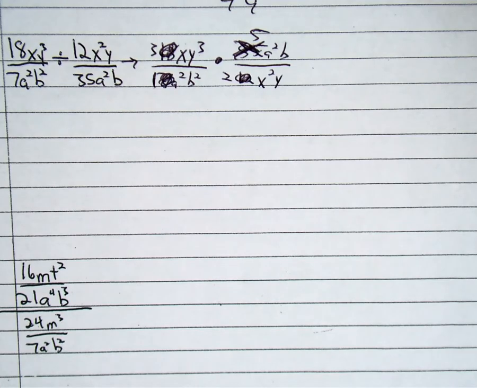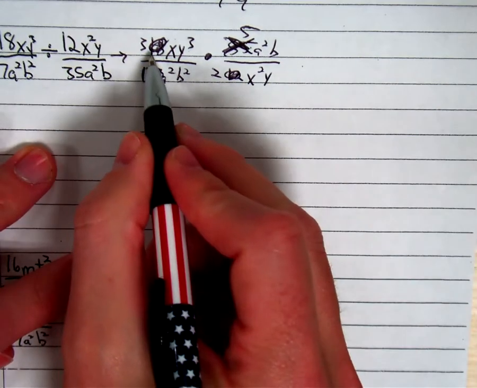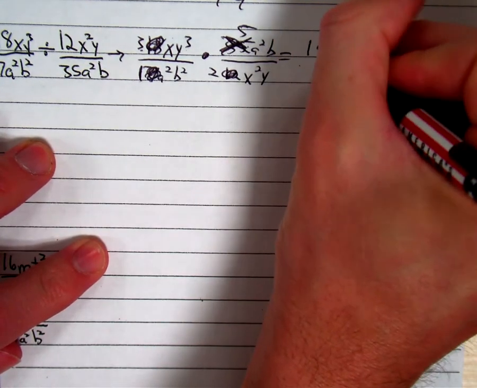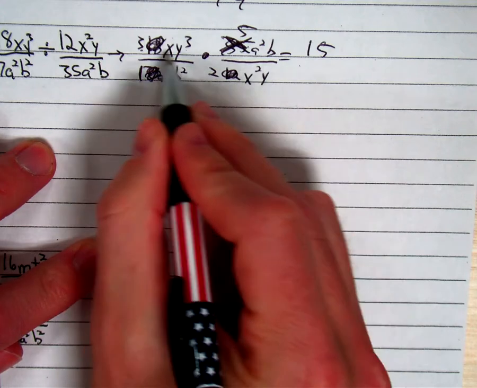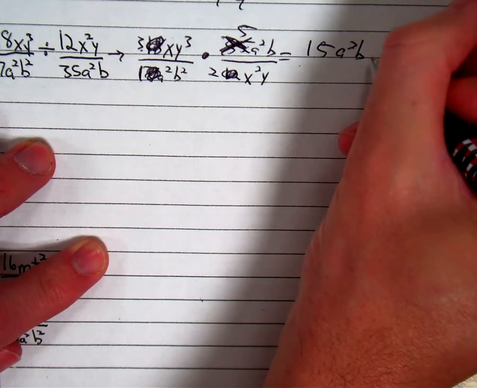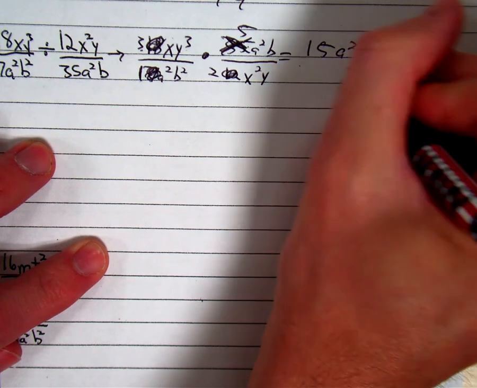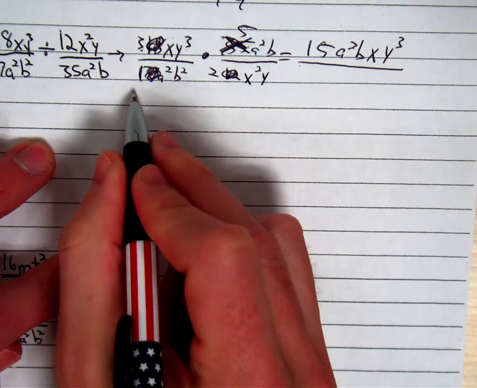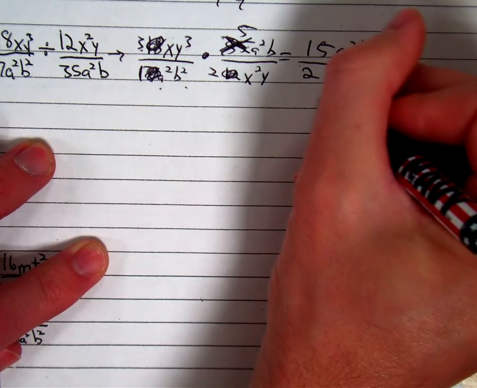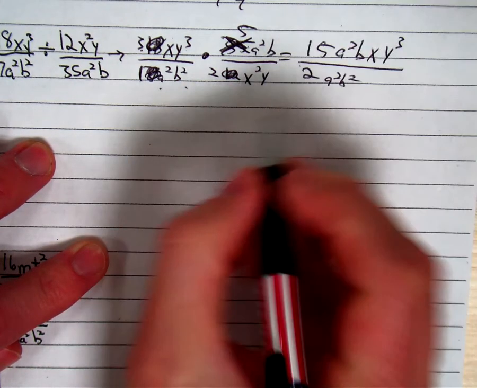The numbers are the toughest part to reduce. So now going across the top, I got 3 times 5, that's 15. No common letters here, so I just get to write them down: a squared b x y to the third, over 1 times 2 is 2, a squared b squared x squared y.